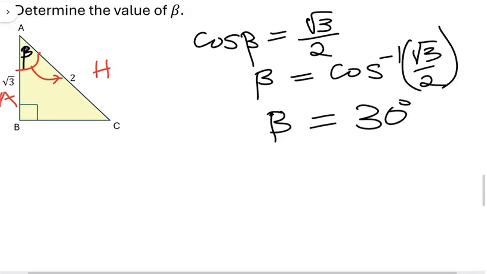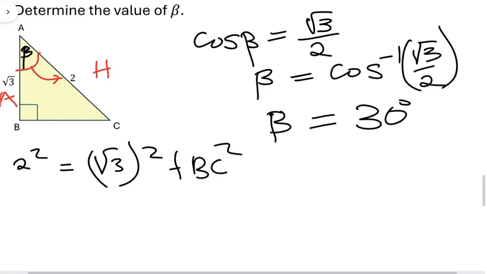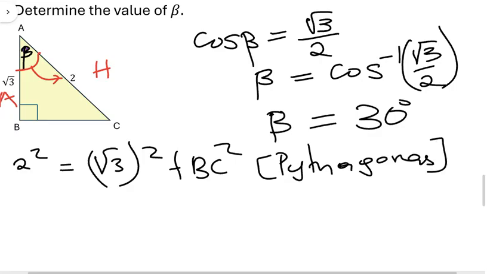What we are saying is that you could use Pythagoras here, and then you have the freedom to use any trig function you want. So we know that by Pythagoras, 2 squared, which is the hypotenuse squared, equals root 3 squared plus BC squared.